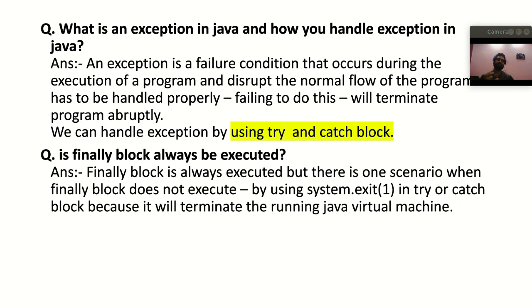And what is a partially checked exception? If only the parent class is checked by the compiler but not the child class, then that type of exception is called a partially checked exception, right? So these are about the exceptions. And here I have tried to explain more questions for you.